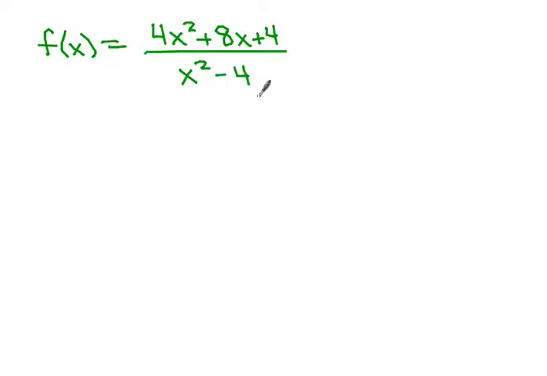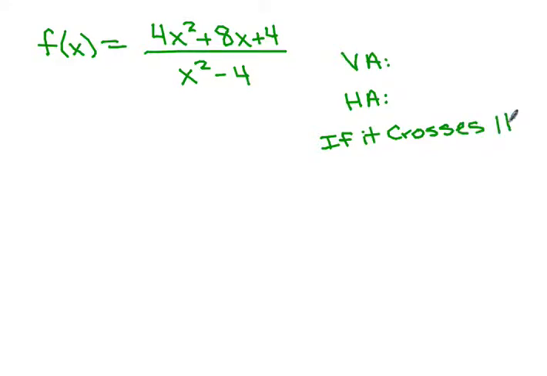And then I will ask you to find the vertical asymptotes, the horizontal asymptote, if it crosses it, and where. Okay, so this is kind of the one new piece: if it crosses the horizontal asymptote, and where? And then the x-intercepts.